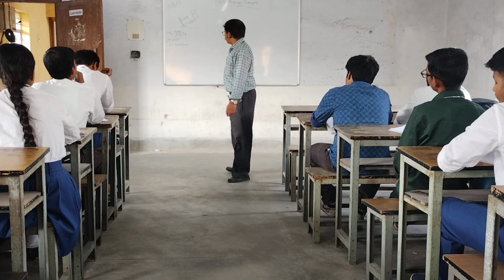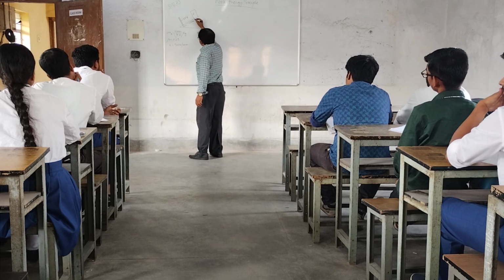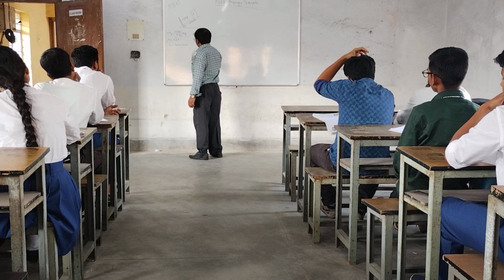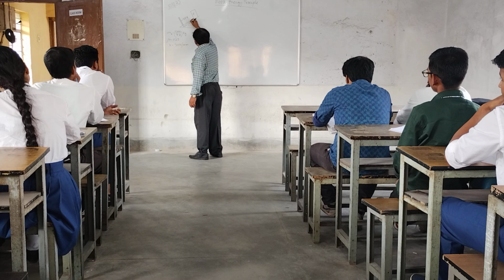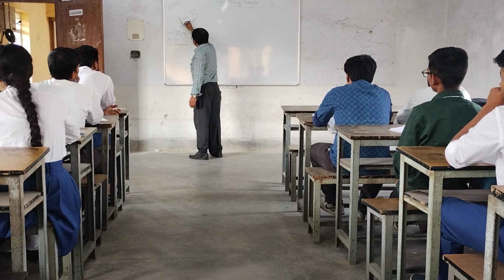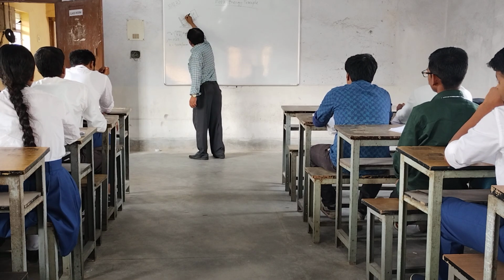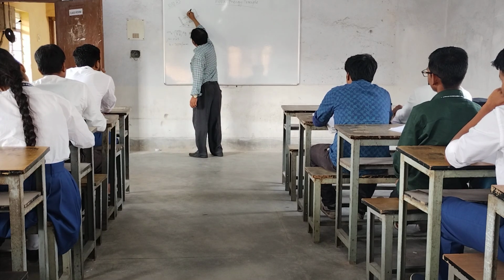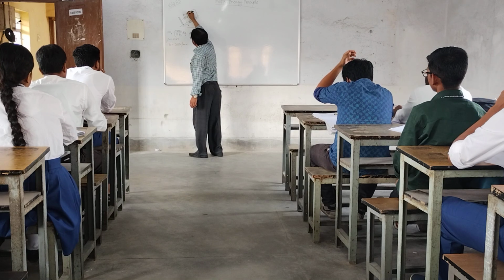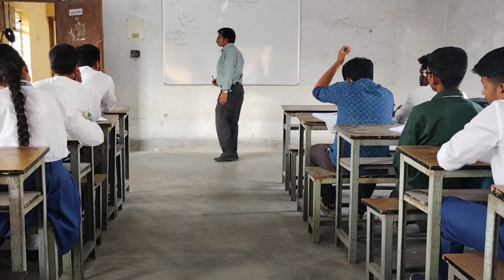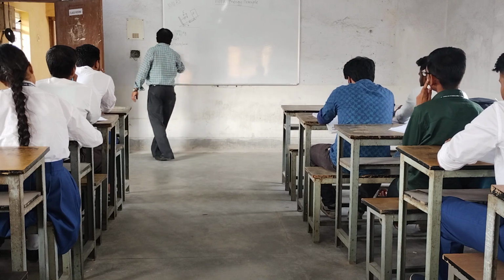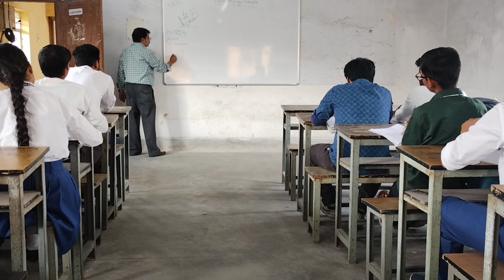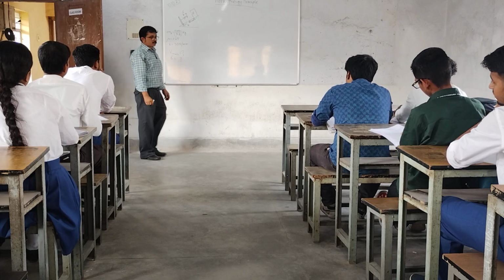If you consider this as PQ, and suppose the spring is compressed up to R, compressed by an amount delta, then the question is when the velocity of the block is maximum, how much is delta?